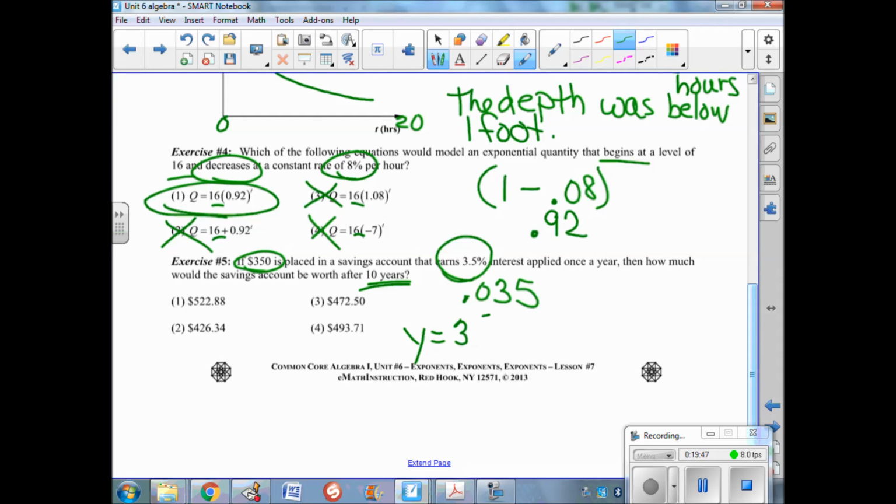We're starting out with 350, and obviously, you're placing it in a savings account, and it's growing at 3.5% per year. So this is going to be 1.035. You're adding that to your 100%, and our time is 10 years. So go ahead, use your calculator to find that it's number 4.